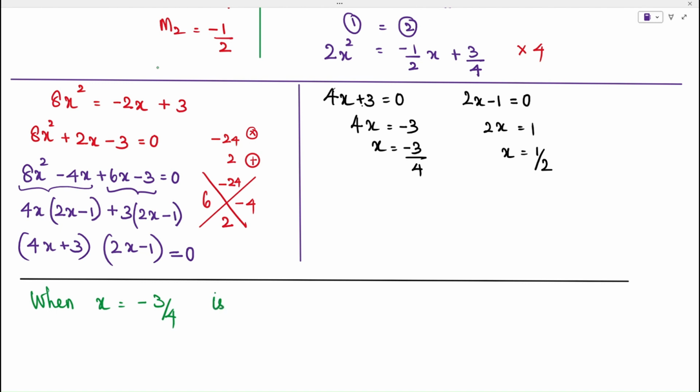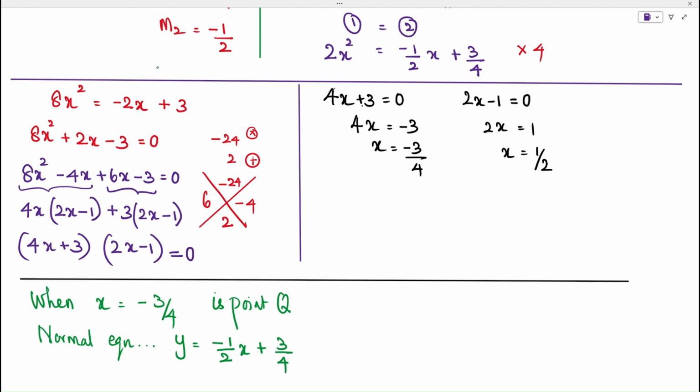You can use the equation of your curve, but we're going to use our equation of our normal. So that equation is y equals minus 1 over 2x plus 3 over 4.